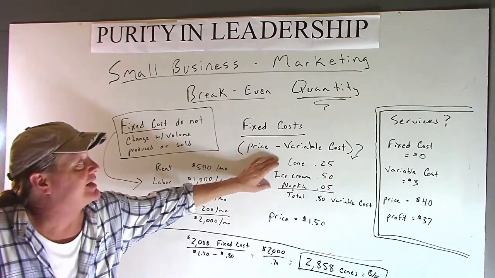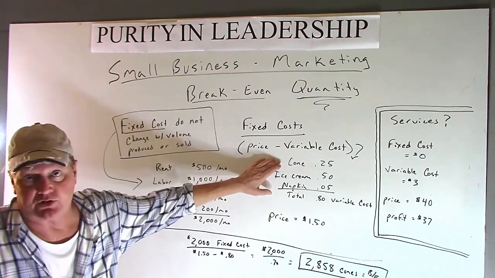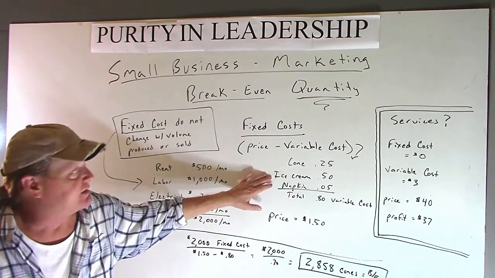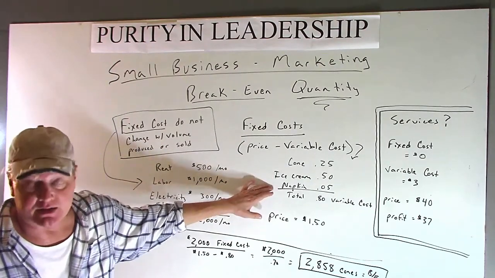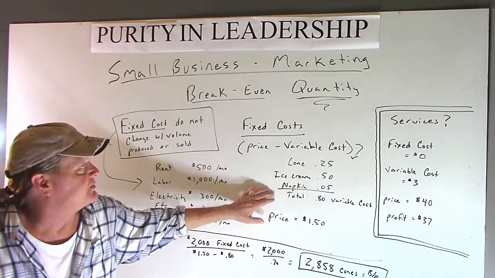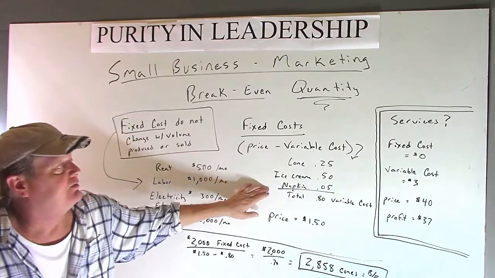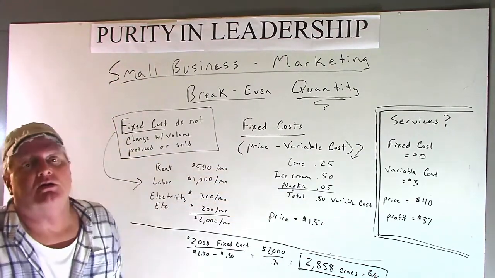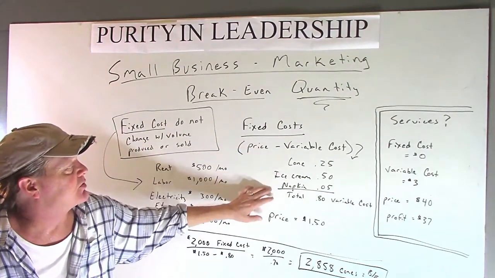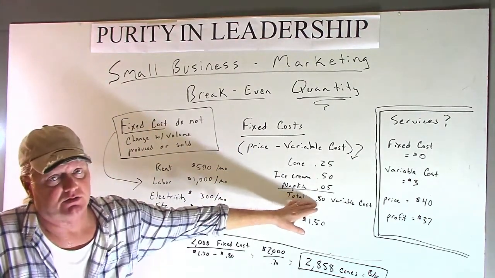If you do not sell any ice cream cones, you still have that cone, the ice cream, and the napkin, so you're not out anything, and you didn't sell anything, so there's no price involved, right? So these are variable costs. They vary with how much is sold. When we total up these simple variable costs, we get 80 cents.